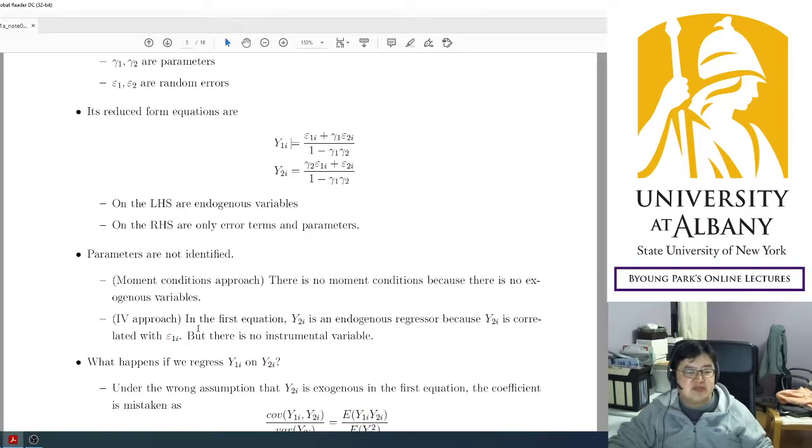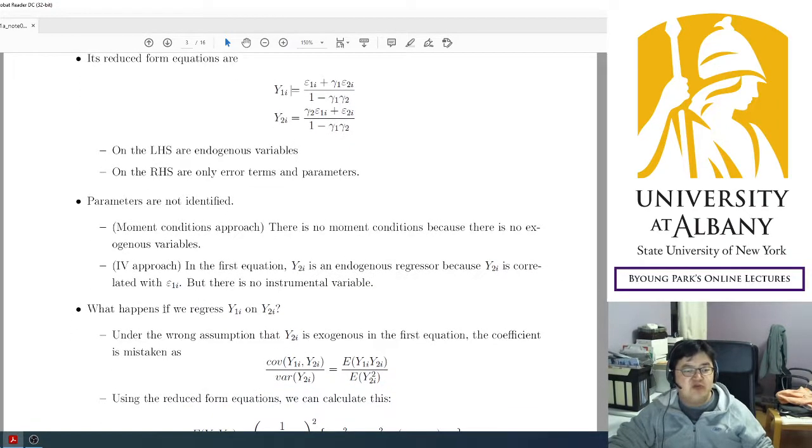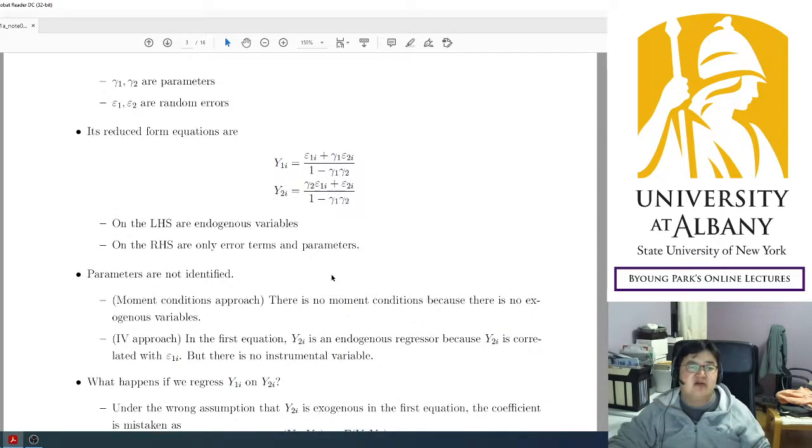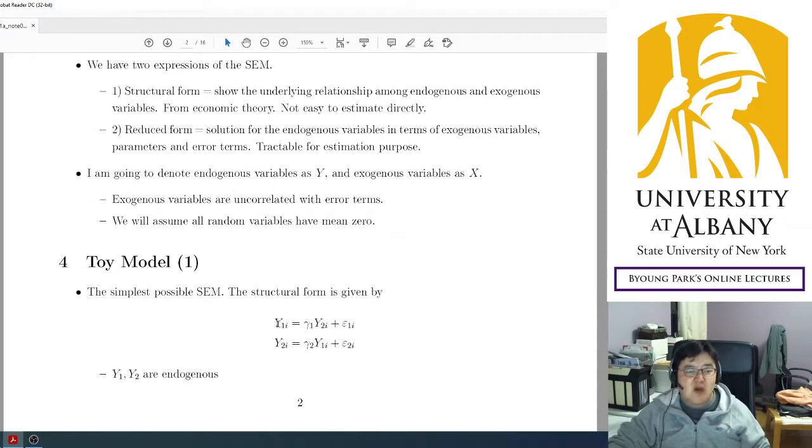Then what happens if you regress y1 on y2? This is a typical mistake. For example, it looks like a regression of GDP growth rate on internet speed.